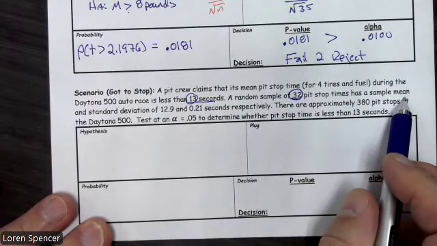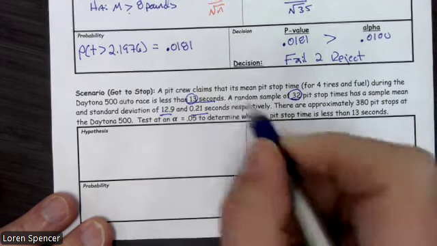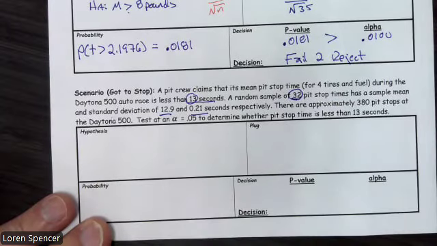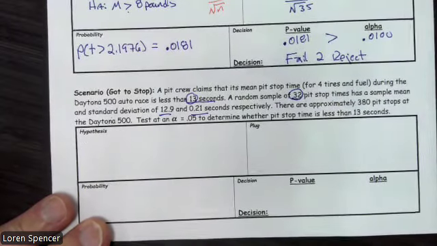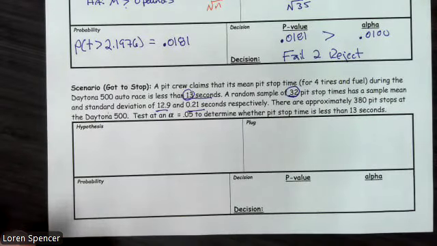Pit stop times has a sample mean and standard deviation of 12.9 and 0.21 seconds, respectively. All right, because this comes the sample standard deviation, this lets me know I'm working with a t-test. There are approximately 380 pit stops at the Daytona 500. Tested at alpha equal 0.05 to determine whether pit stop time is less than 13 seconds.